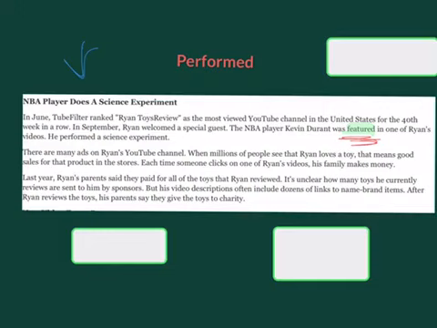I can find that the word performed appears right here. I'm going to draw an arrow, maybe circle it. When I see the phrase NBA player Kevin Durant, it means he's a professional athlete, probably very famous, a recognizable public figure.